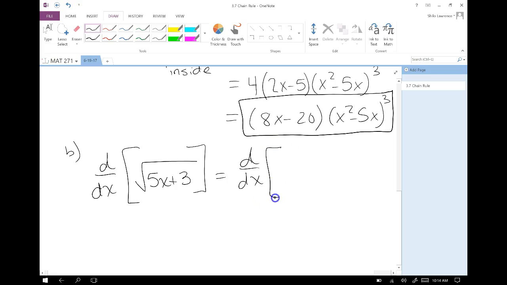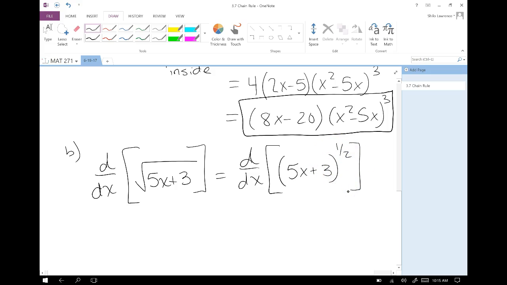If we rewrite it, what is the outside going to be? A square root, right? How could we rewrite the square root so that it's easier to do a derivative? A 1/2 power. So we could rewrite this as 5x plus 3 to the 1/2 power.